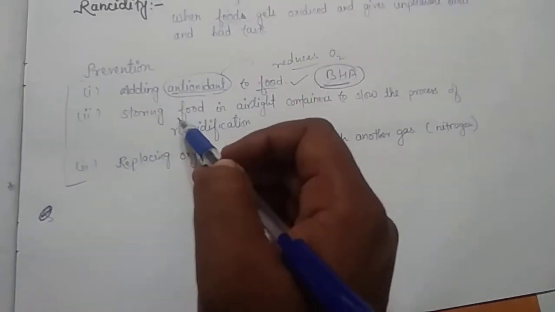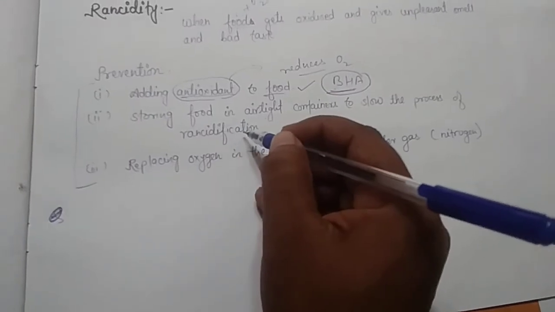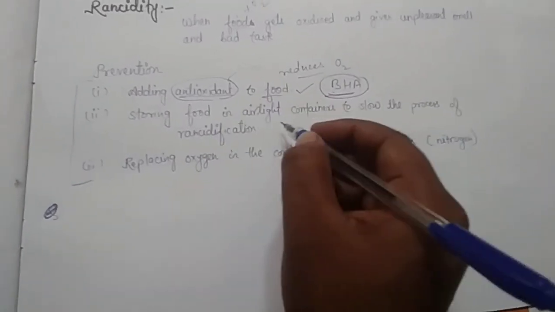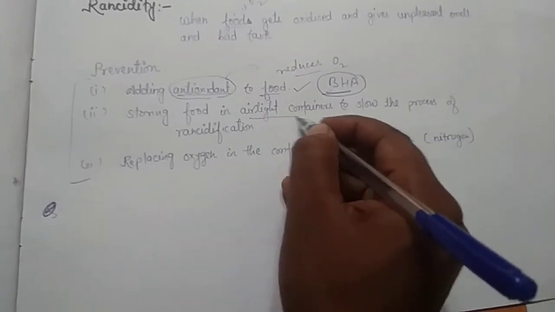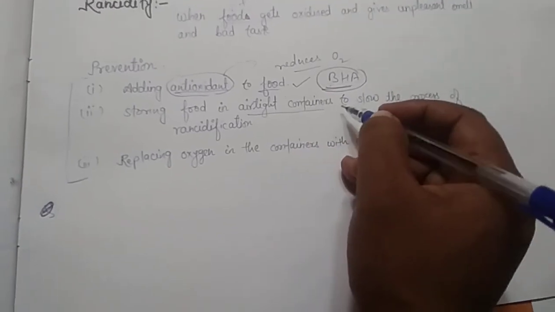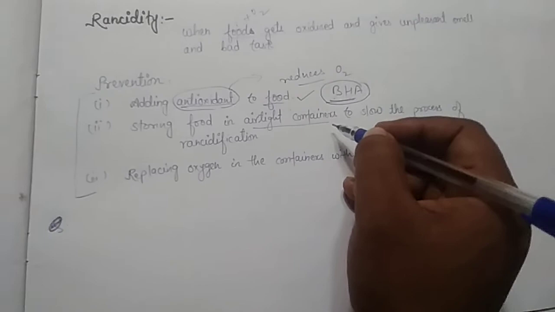Second, storing food in an airtight container to slow the process of rancidification. We have to keep our food material in an airtight container because we have to limit the amount of oxygen. If there is no oxygen, our food material is safe.